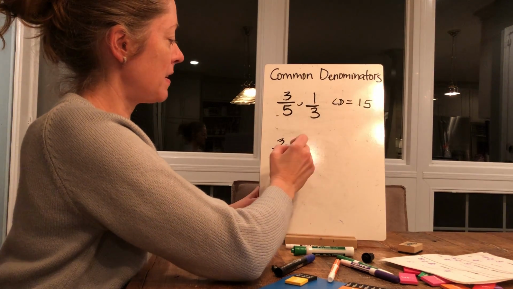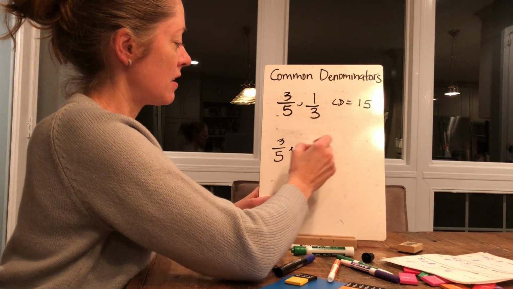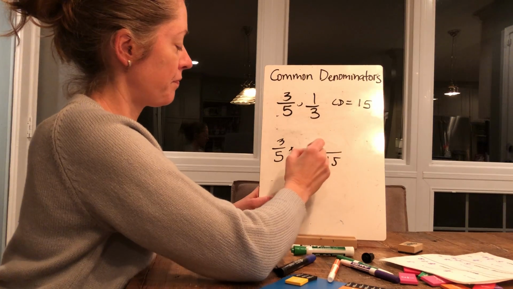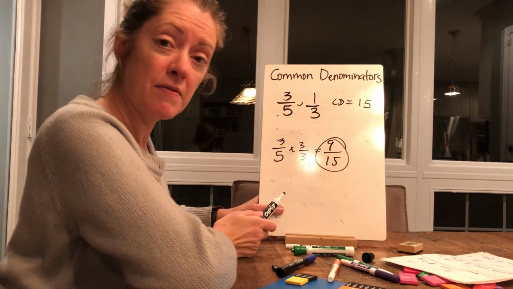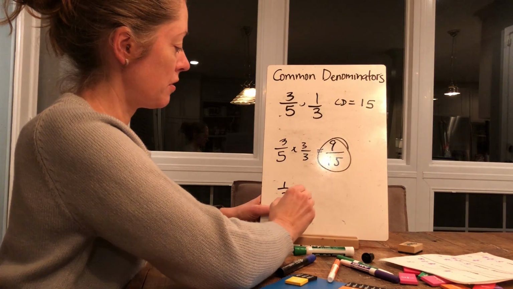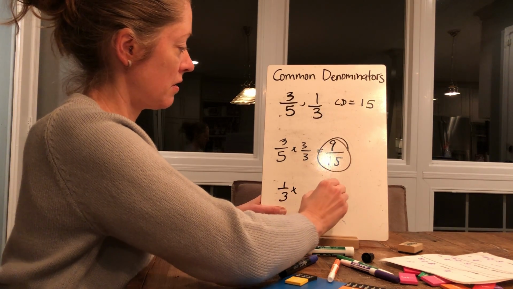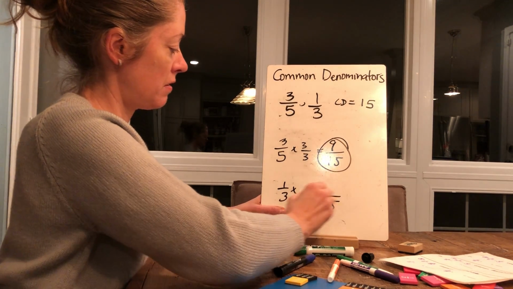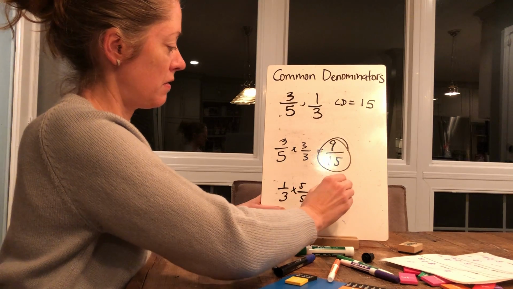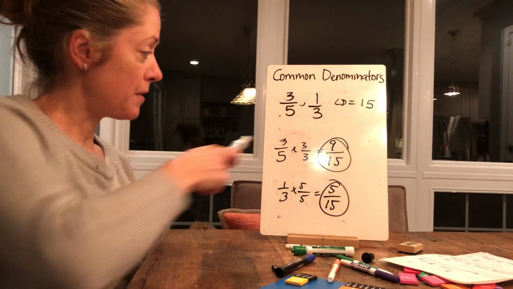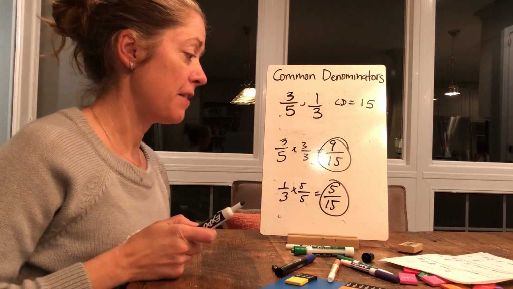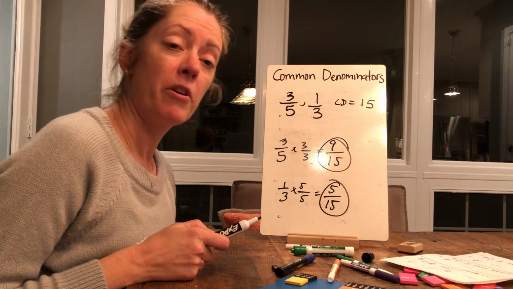If you did 3/5 using 15ths, nine 15ths, and then 1/3, five 15ths. So there you have 9/15ths and 5/15ths for number 4.